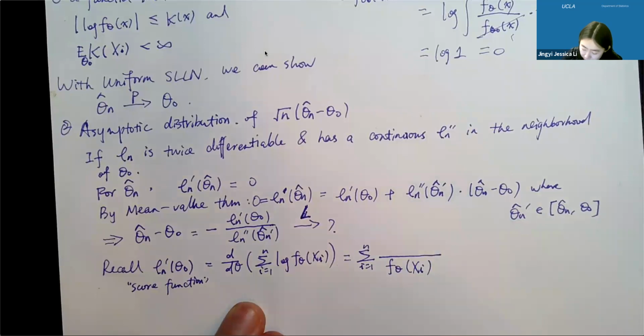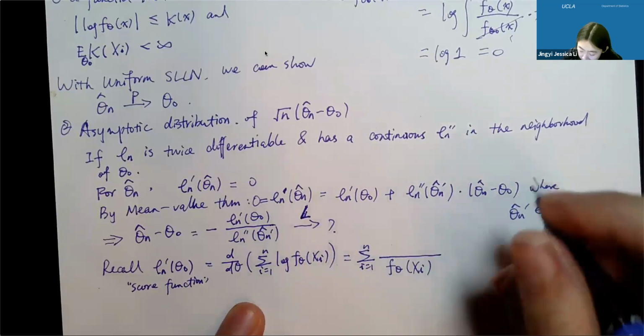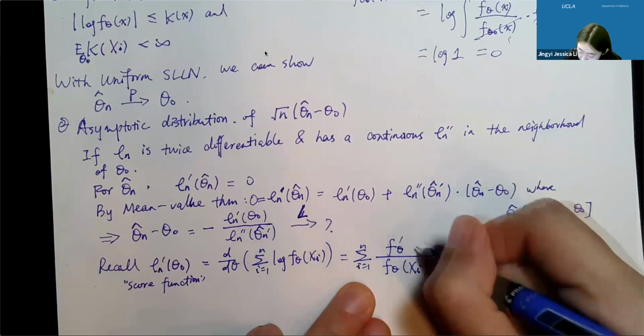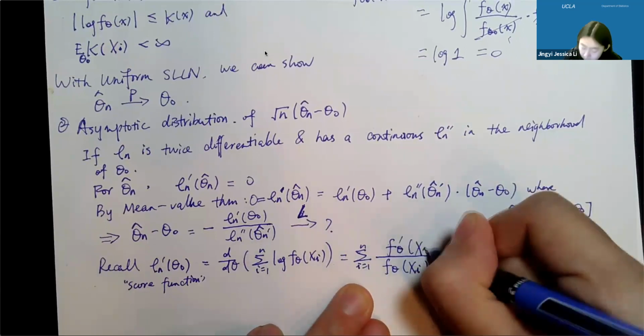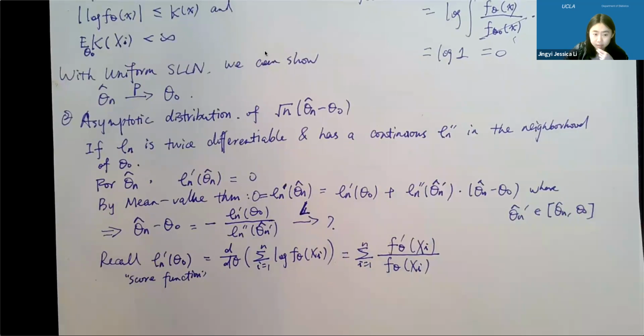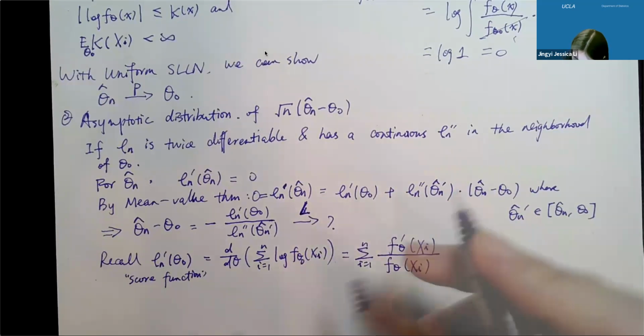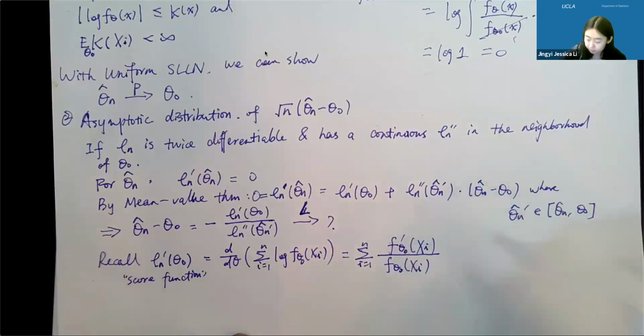Then we have f theta prime xi. So we are going to have it as this. This score function has very nice properties. Let me see, I missed something. Yeah, I need to evaluate at theta 0 here.